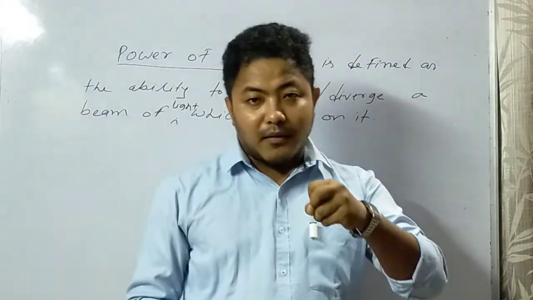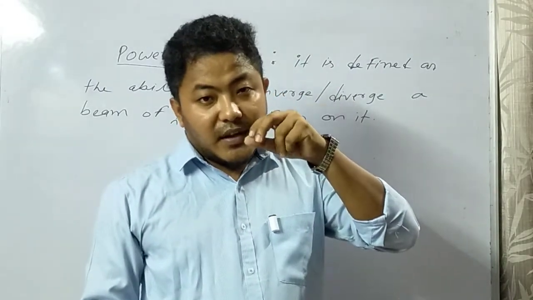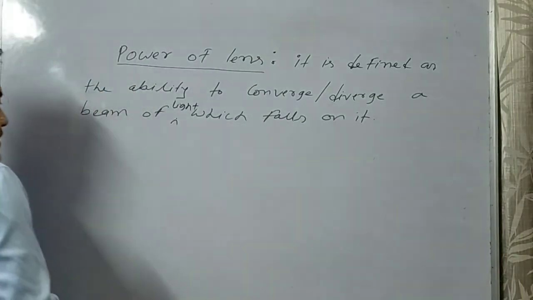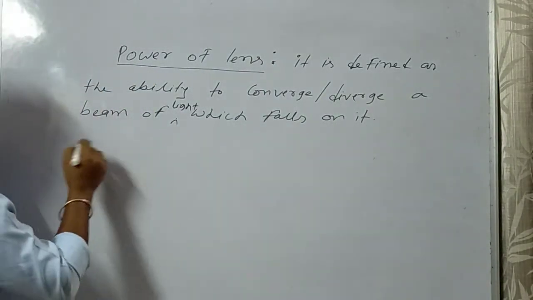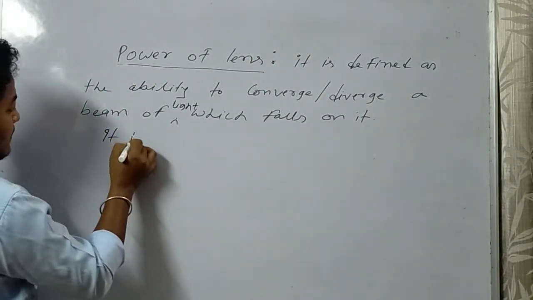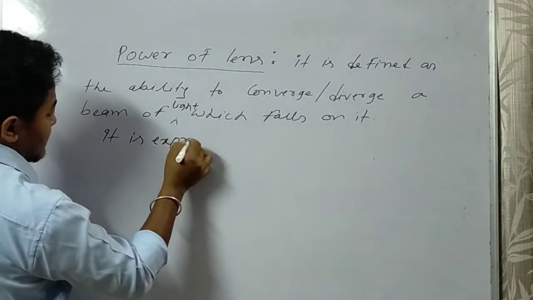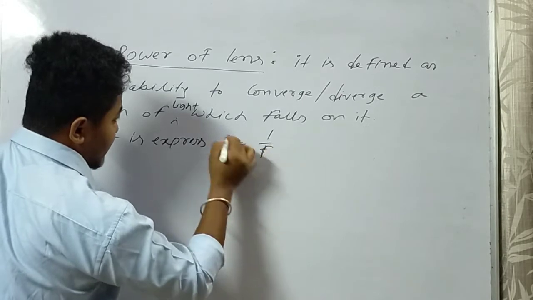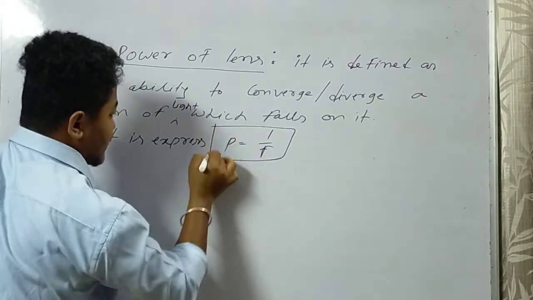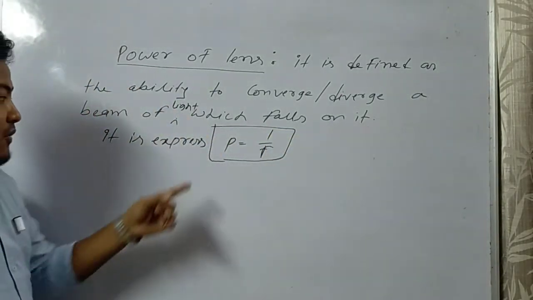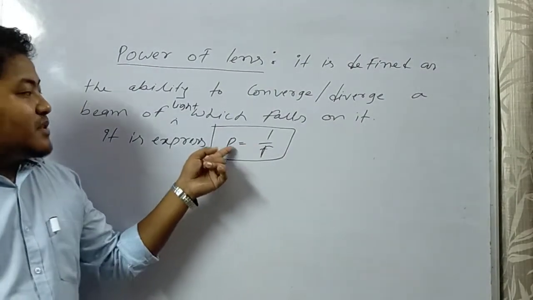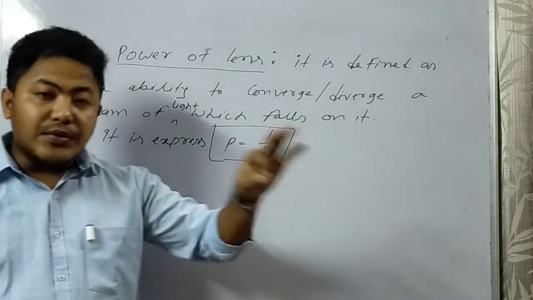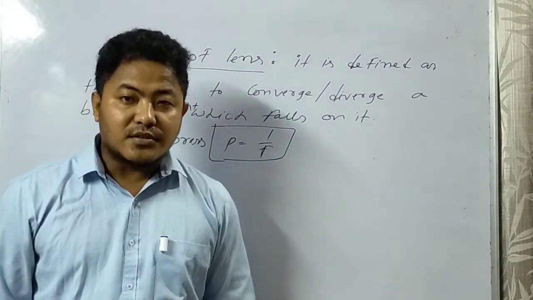And we know that power of a lens is related to the focus of the particular lens, and it is expressed as P = 1/F. That means power of a lens is dependent upon the principal focus of that particular lens.